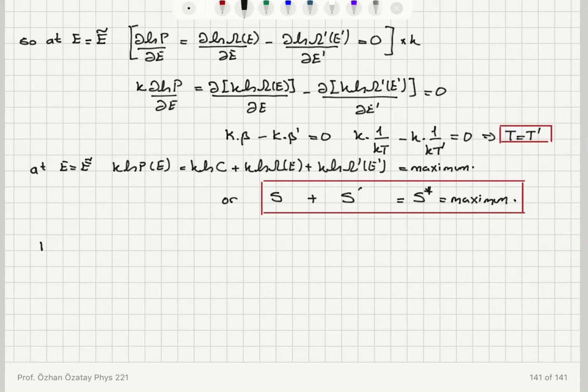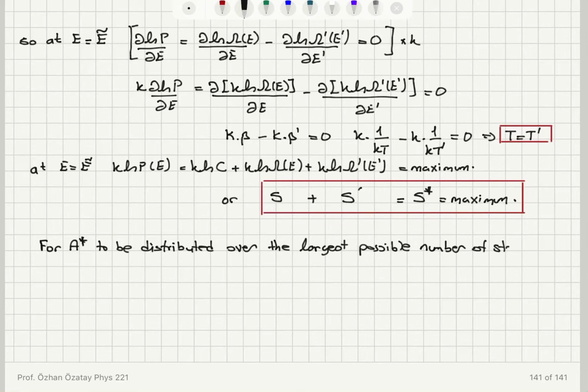So for the total system A star, the isolated system, to be distributed over the largest possible number of states, that is to say, it is in the most random, or disordered, macro state.